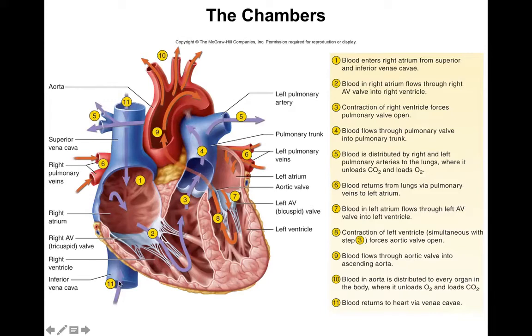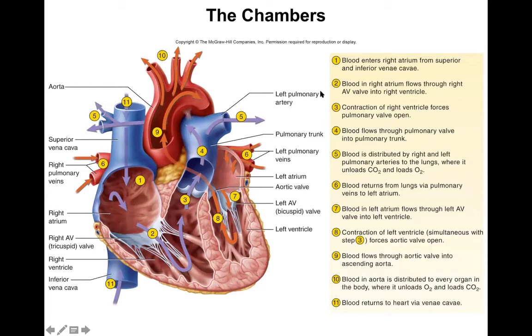The inferior brings it from the lower part of the body to the right atrium. From the right atrium, through the right AV valve, it goes to the right ventricle. From the right ventricle, through the pulmonary semilunar valve, it goes to the pulmonary trunk, which divides into 2 parts, the left and right pulmonary arteries, okay, and which go to the lungs.